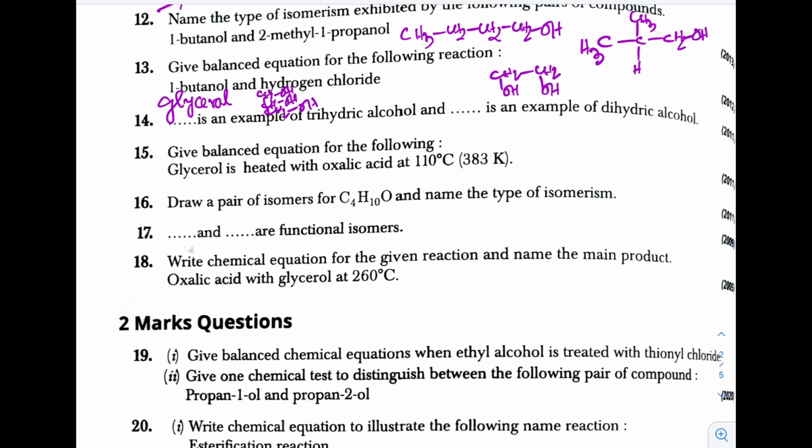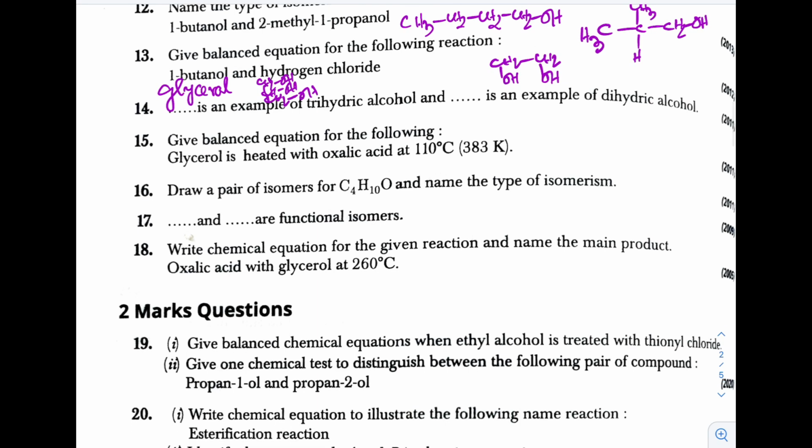Give the balanced equation for the following. Glycerol is heated with oxalic acid. Okay. This is glycerol and this is oxalic acid.